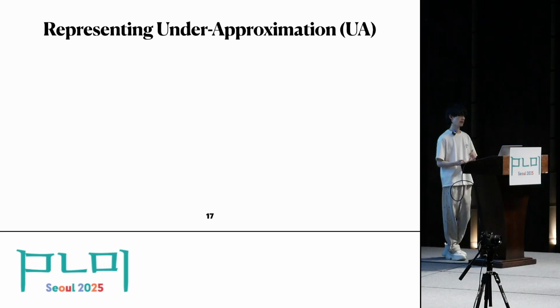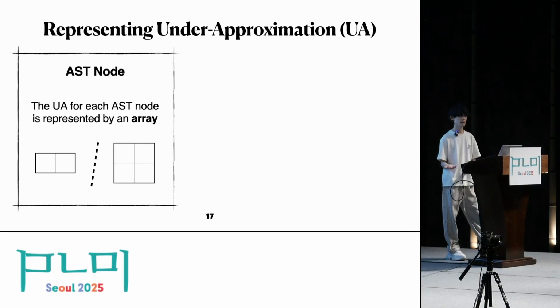So now, I was talking about the concept of under-approximation for SQL. How do we actually represent that, and what does it really mean? Let me first show you how to represent under-approximation in our approach. Each AST node, which corresponds to a query operator, is assigned an under-approximation, represented as an array, possibly more than one dimension.